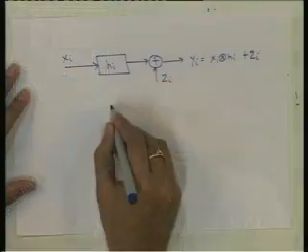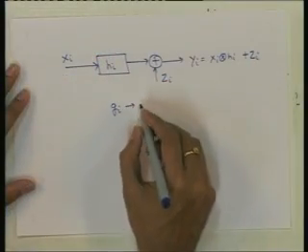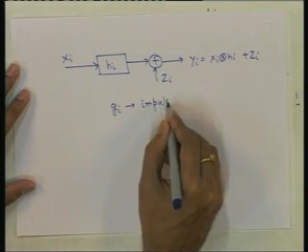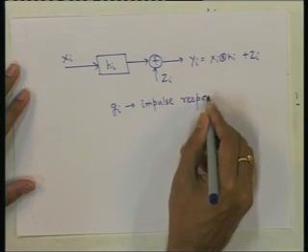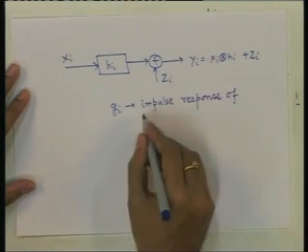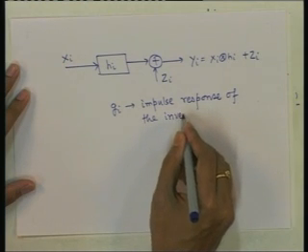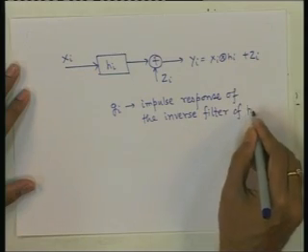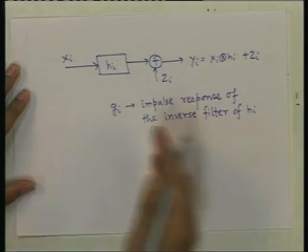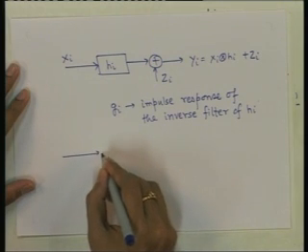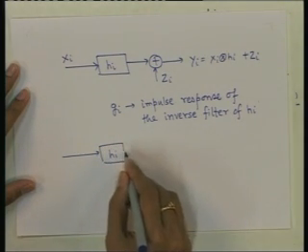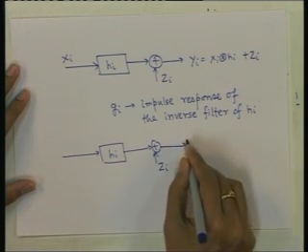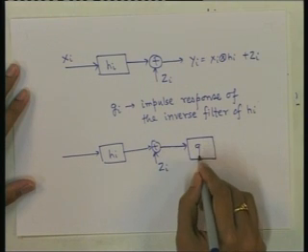Suppose that Gi is the impulse response of the inverse filter of Hi. Then what we can do is, at the receiver we can simply pass the signal through that filter Gi.